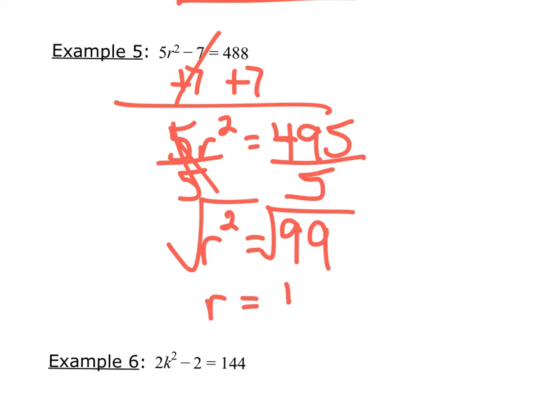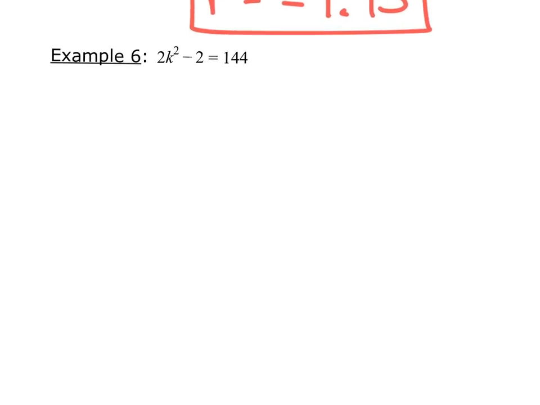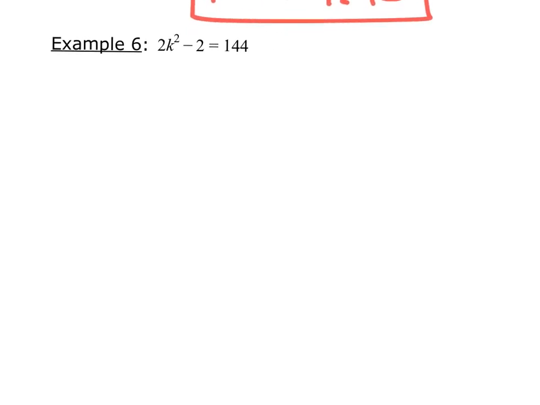So again, it's going to be plus or minus 9 point, I'll round it to the nearest hundredths, so that'd be 9.95. So correct answer there would be positive 9.95 and negative 9.95. So again, those are your x-intercepts, or your roots, or your zeros.